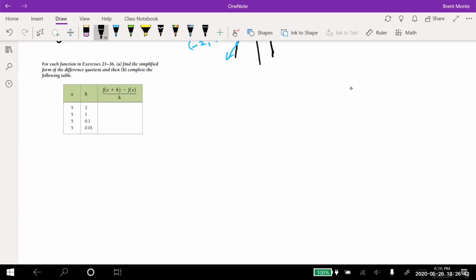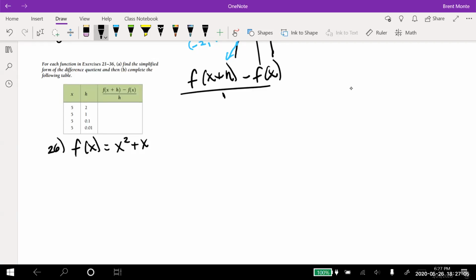The first problem I want to do is problem 26. Problem 26 gives us the function f of x equals x squared plus x. From that function, I want to find f of x plus h minus f of x, all over h, right?